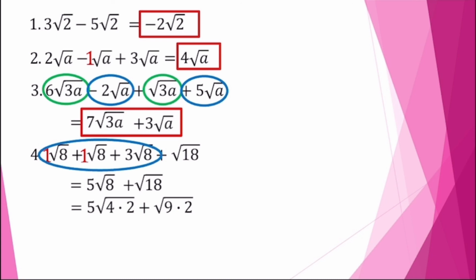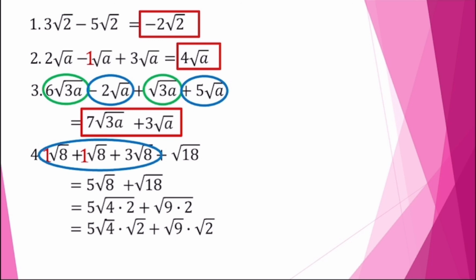The factor of 8 is 4 times 2, and the factor of 18 is 9 times 2. If we apply the second law of radicals, we can write this as 5 and square root of 4 times square root of 2 plus square root of 9 times square root of 2.